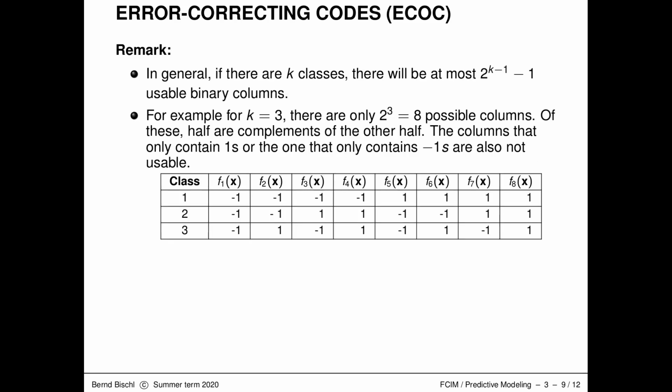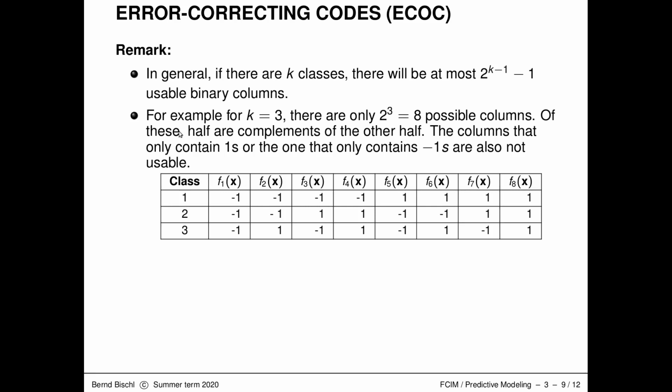So, a short remark on this principle. In general, if there are k classes, there will be at most 2 to the k minus 1 binary columns because of symmetry. For example, if k equals 3, there are obviously only 8 different possible columns because I have exactly 2 choices for each entry here.